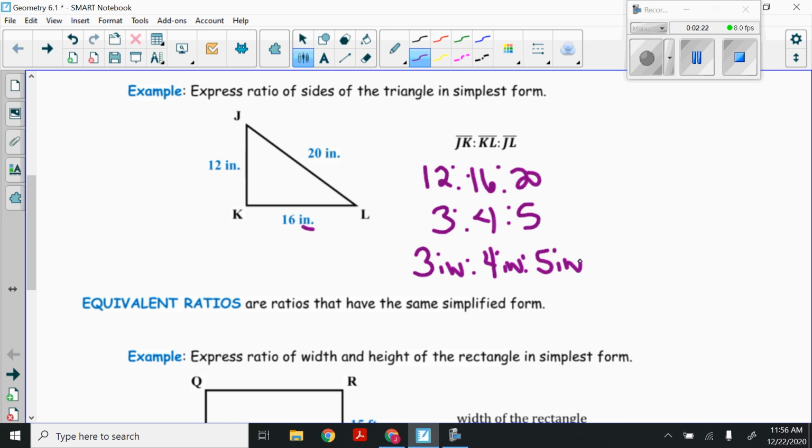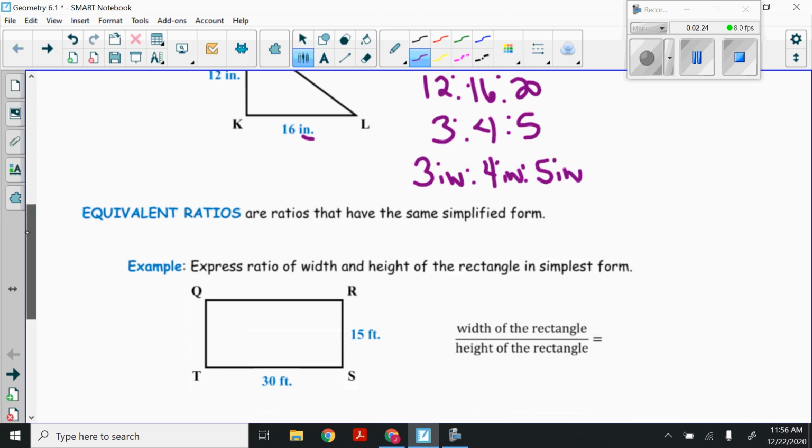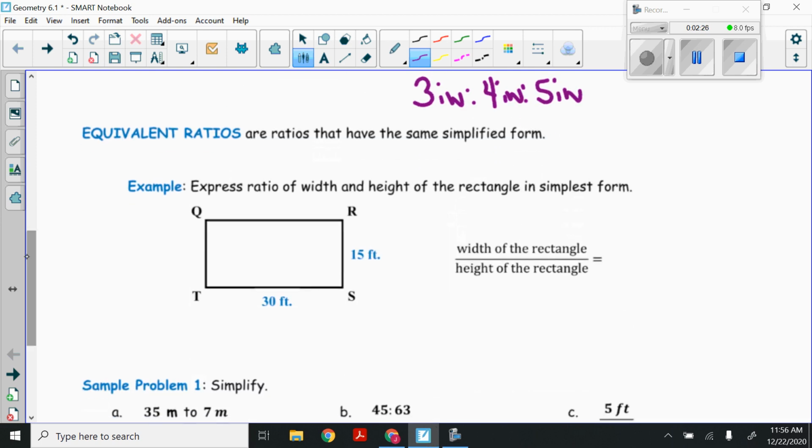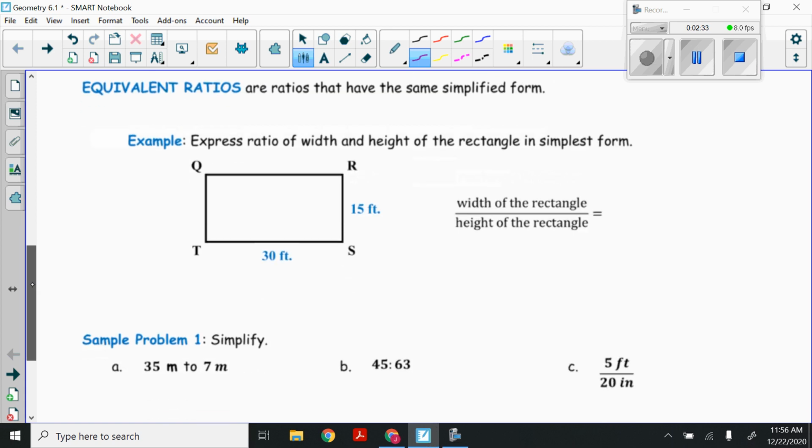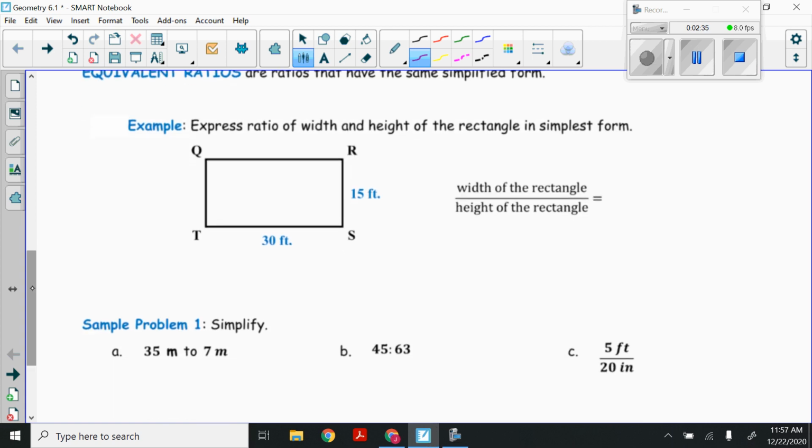Next, let's talk about equivalent ratios. Equivalent ratios are ratios that have the same simplified form, because remember, equivalent means equal. This example says express the ratio of width and height of the rectangle in simplest form. The width of the rectangle is 30 feet. The height of the rectangle is 15 feet. It's important to note that they are both in the same units.